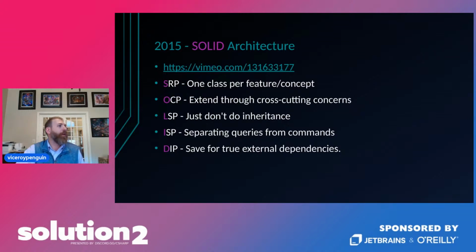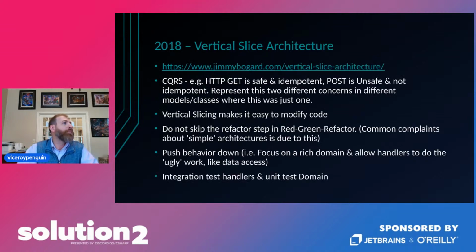But the idea is that we're going to follow these principles, not just on an individual layer, but also as an architecture. So when we talk about the domain code, we can do single responsibility, a single class per feature. We're talking about separating this stuff, and then started adding cross-cutting concerns like authorization, authentication, logging, those kinds of things. The biggest thing is that it ultimately boils down to a simpler architecture where things can get done quickly.